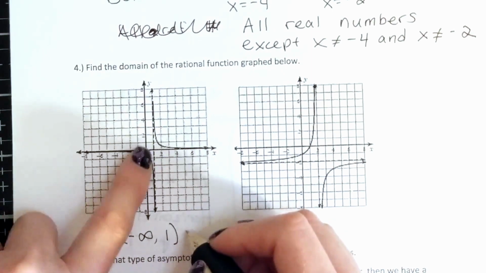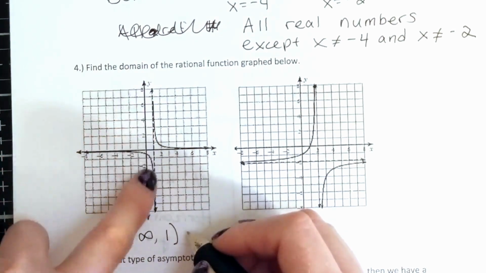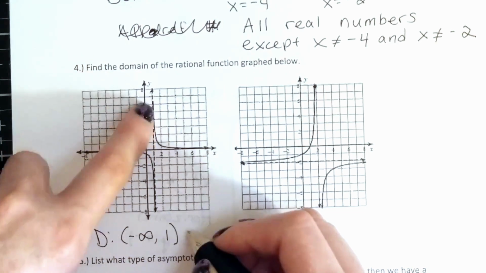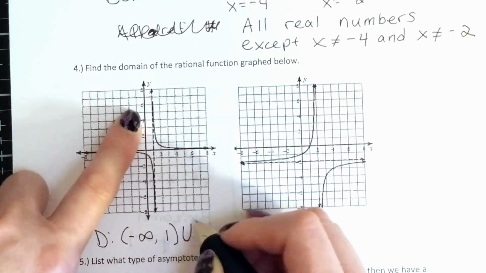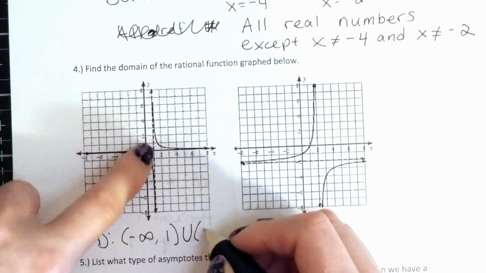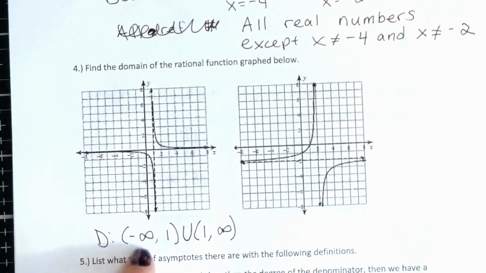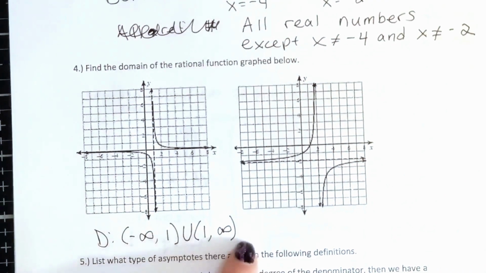And the 1 is not included because the graph will get close to these lines, and even though it kind of looks like it touches them, it never will. So union will start back with the 1 to infinity. So all of these will get parentheses.